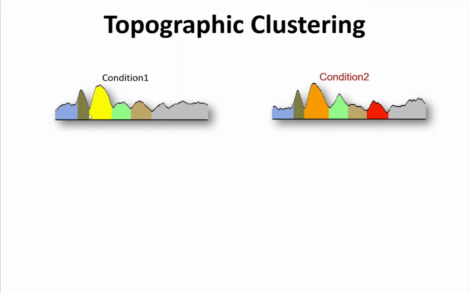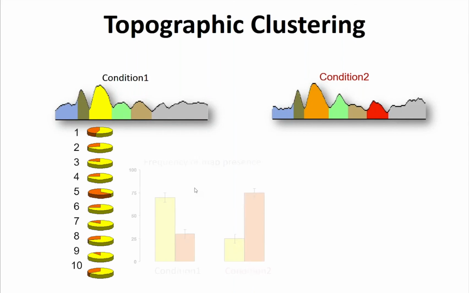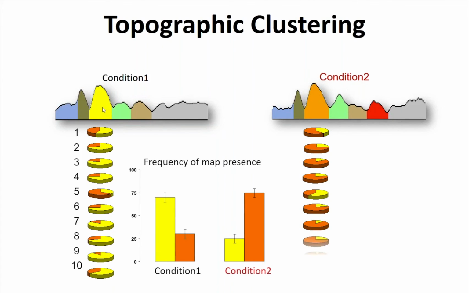So you might have the hypothesis that condition 1 has a yellow map and condition 2 an orange map over this time window. And what you can then ask is, for each and every participant, how well does the yellow map observed at the group average level describe the data from the individual level versus the orange map over that same time window for condition 1, and likewise the same thing for condition 2.